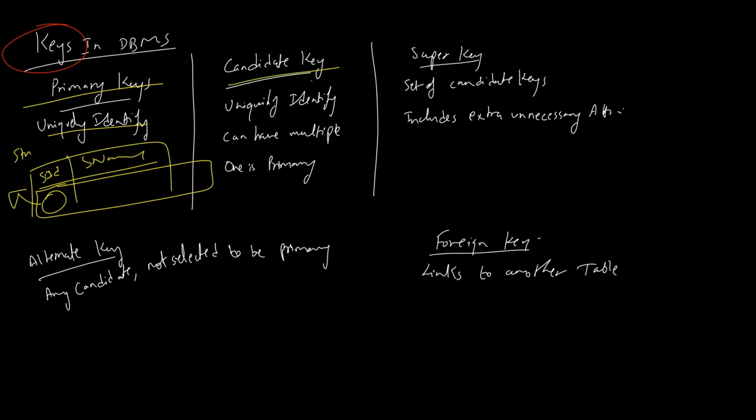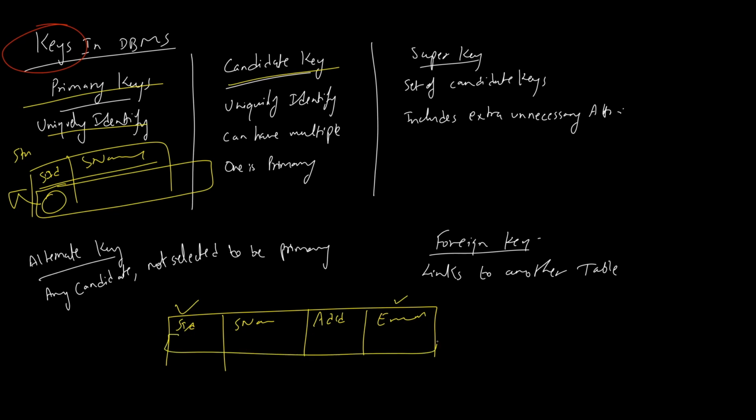Candidate keys. Now candidate key is anything that can identify a row, a record in a table as very specific. So let's say we have student ID, student name, address, and email. We know that ID obviously is something that can identify the whole thing, but email for each student would be unique, right?